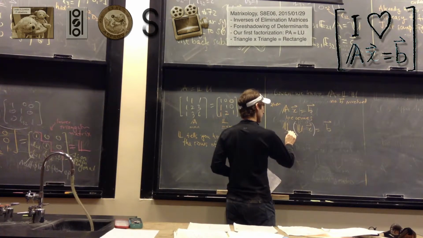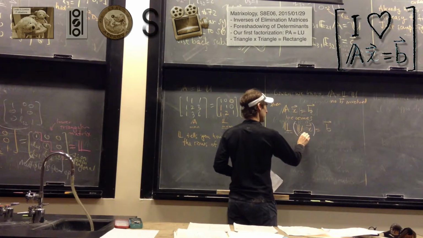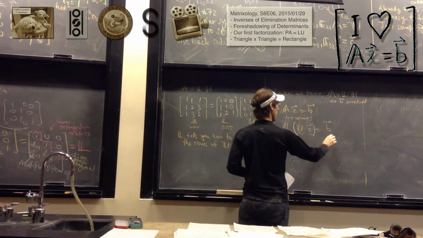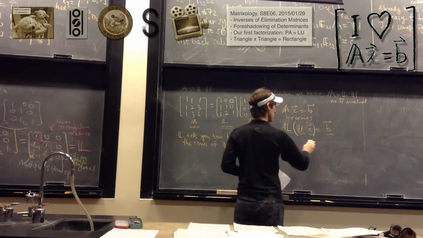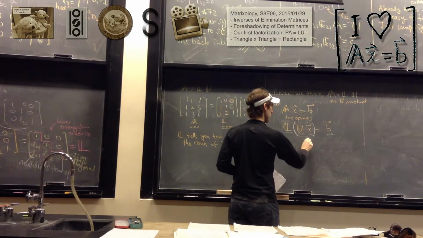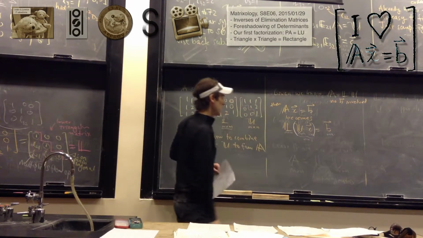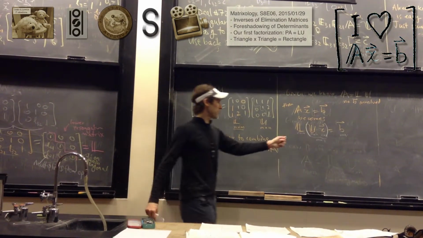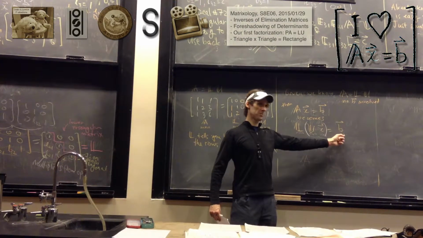This is m by m, this is m by n, and this is m by 1, so this whole thing in here is an m by 1. We can solve the problem L times blob equals B first.